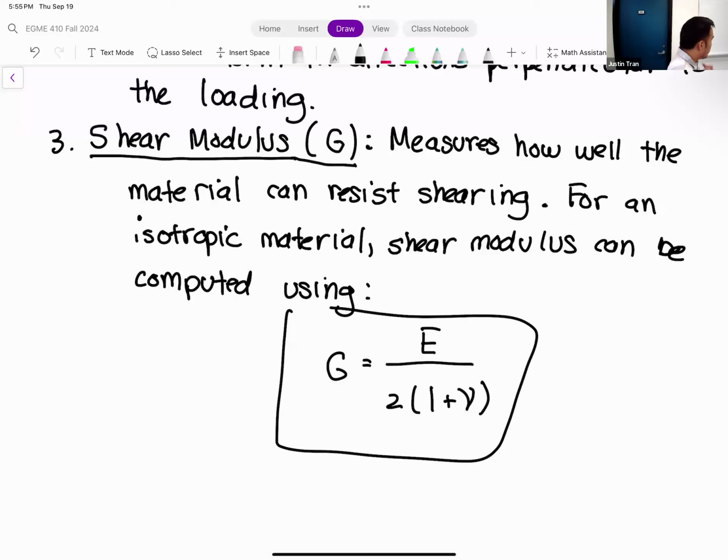Pretty straightforward. Okay. So this is not in my notes, and I'm actually surprised that I haven't put it in my notes after all these years, but there is one more property that I do want to talk about at this point. It doesn't have anything to do with linear elasticity, but we are going to use it a lot in this class, and that is the yield strength.